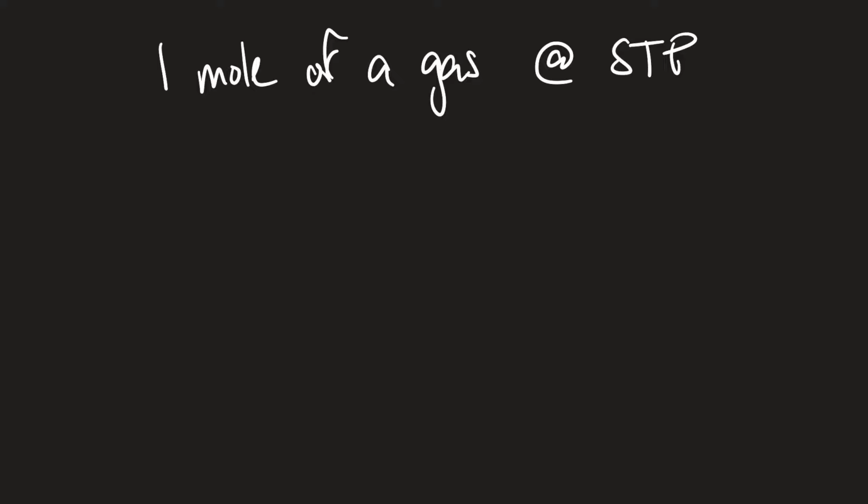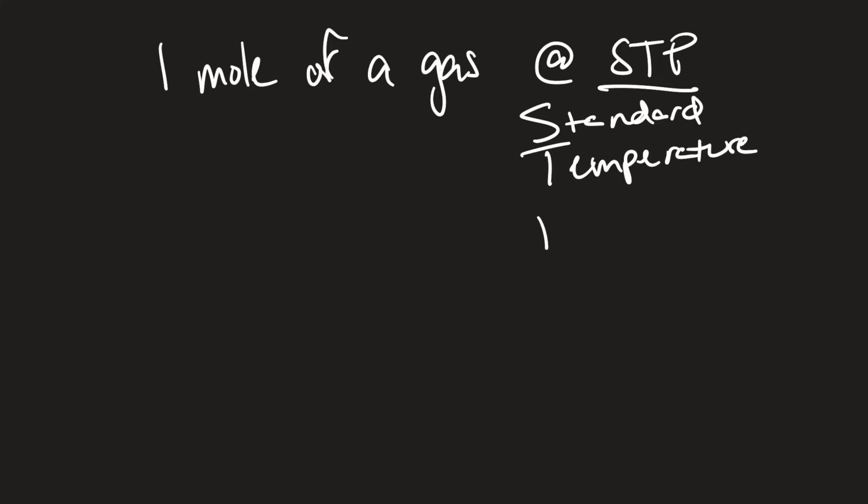To be more specific, when we're talking about STP, S stands for standard, so standard temperature and pressure. A very specific temperature and a very specific pressure. Standard temperature is 0 degrees Celsius, and standard pressure is 1 atm.